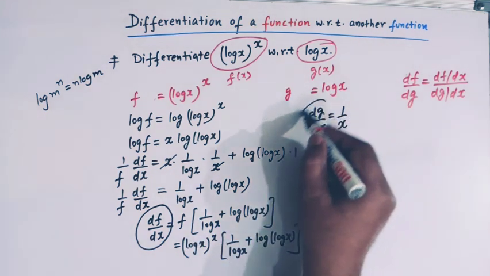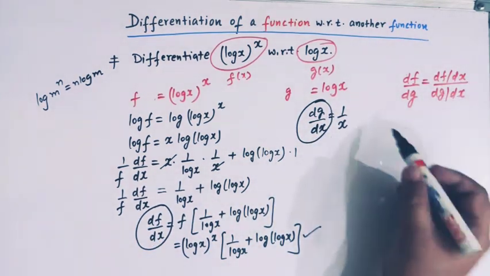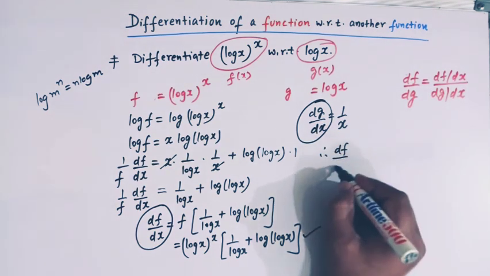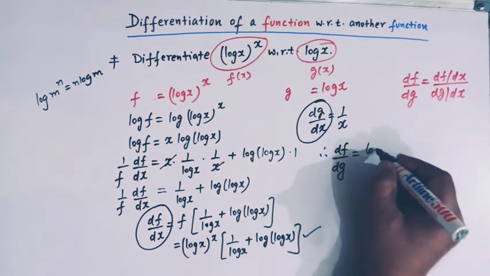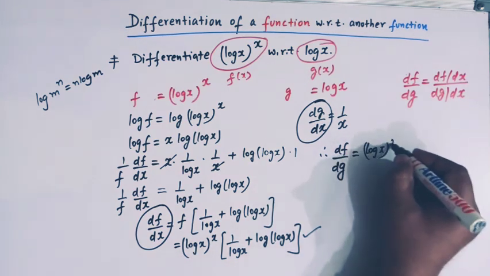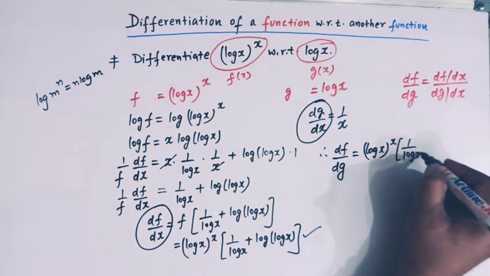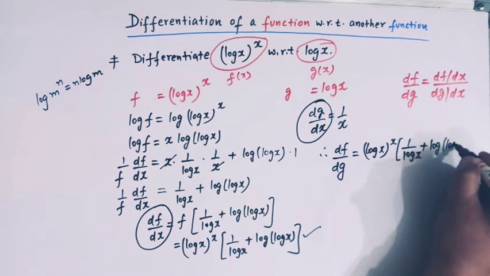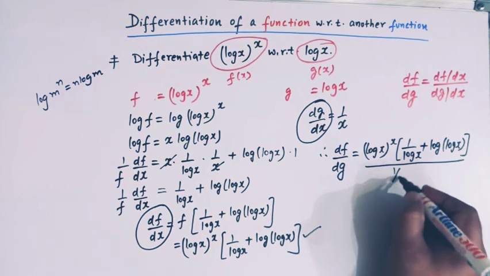Now we have df over dx, we have dg over dx, and let us substitute here. So df over dg can be written as, here we have log x raised to x multiplied by 1 over log x plus log of log x, and divided by 1 over x.